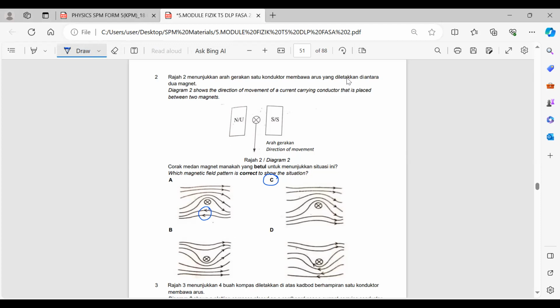No, the arrow, it depends on the polarity of the magnetic field. So the magnet is north and south. So it has to be moving from the left to right. It's not that top left to right and bottom will be right to left. Cannot. It has to be because the whole thing is north. So whether it's up or down, the magnetic field must be directed from the north to the south.